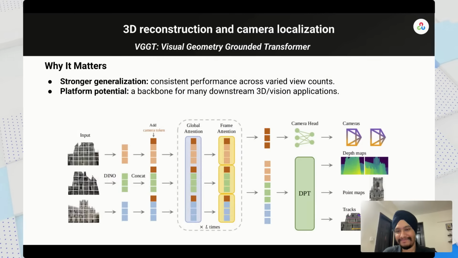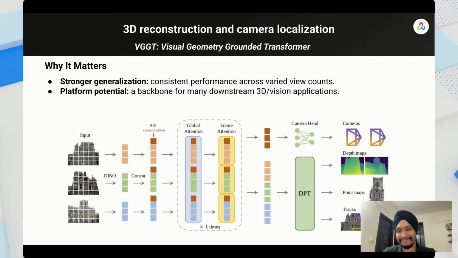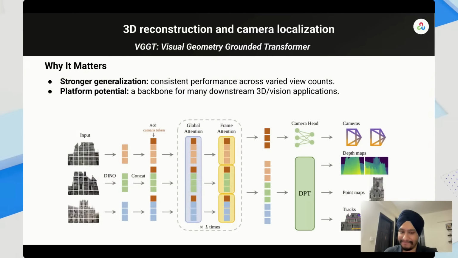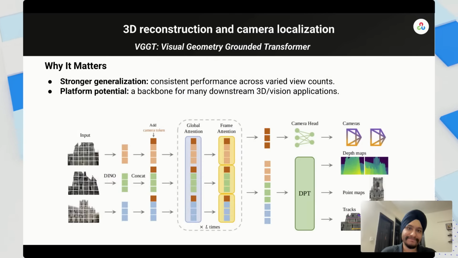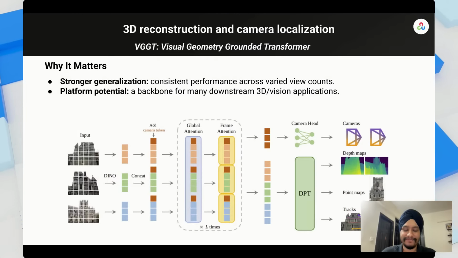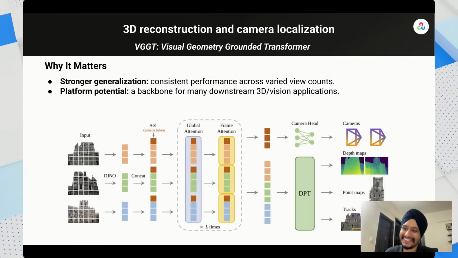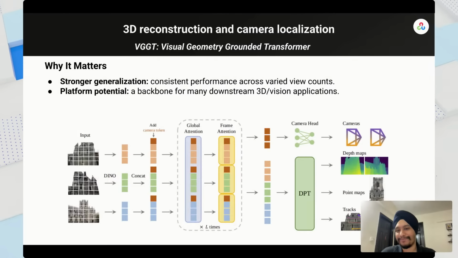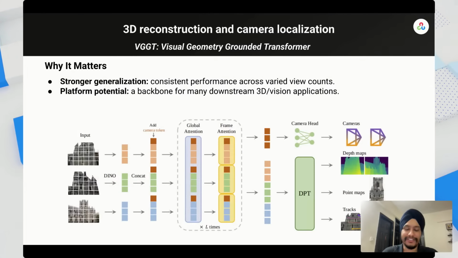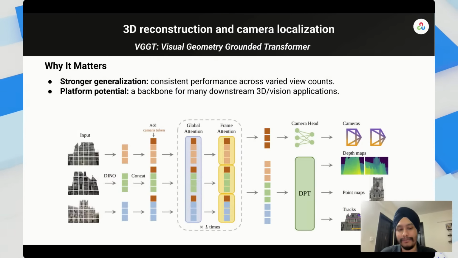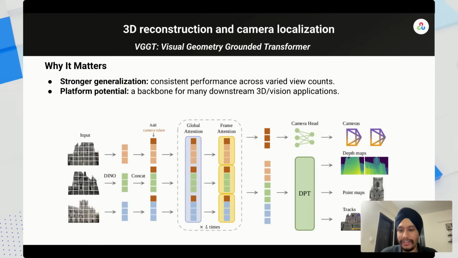And people may have heard about VGGNet, which was used as a backbone for classification networks. That also came from the same group at the same university. So it's kind of clever that they called it a grounded transformer. It also gives us the feel, from VGGNet, that it can be used as a backbone in the future.